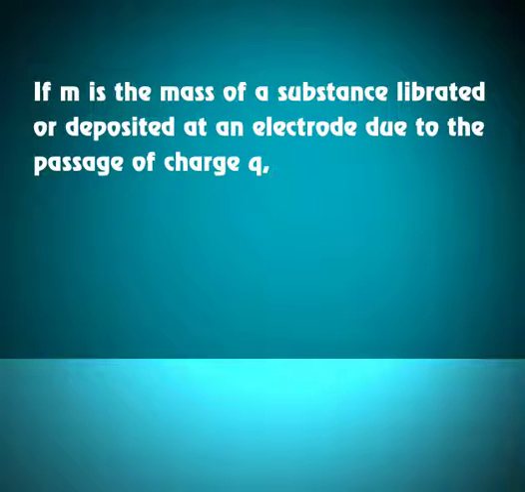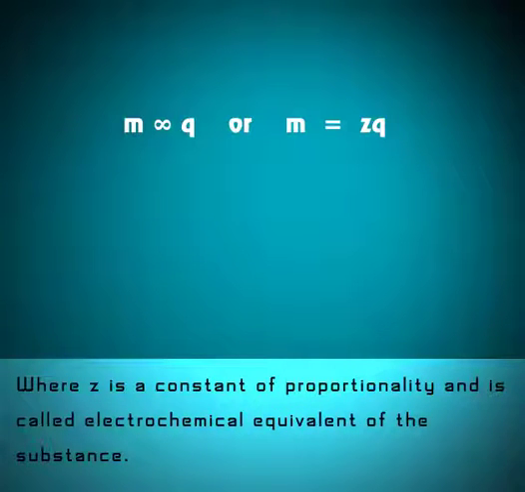If m is the mass of a substance liberated or deposited at an electrode due to the passage of charge q, then according to Faraday's law of electrolysis, m is directly proportional to q, or m equals zq, where z is a constant of proportionality and is called the electrochemical equivalent of the substance.